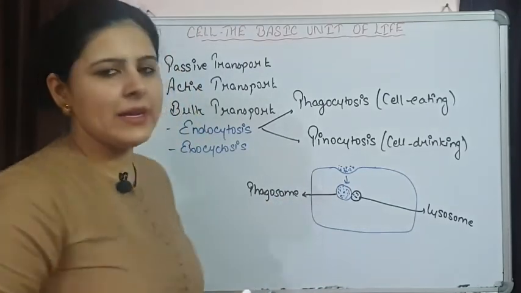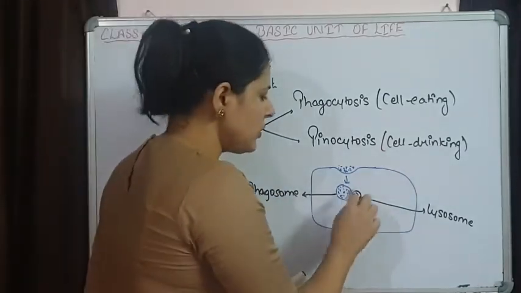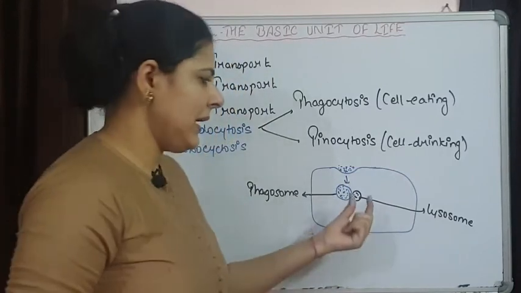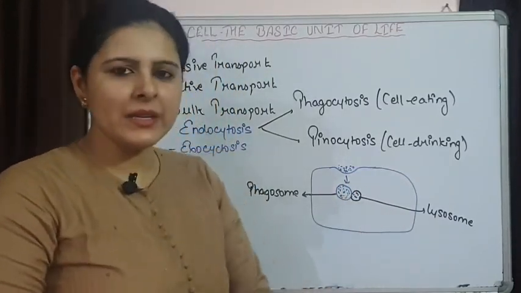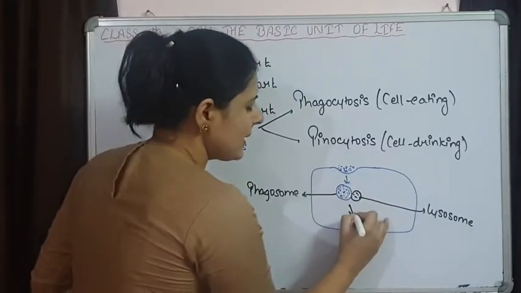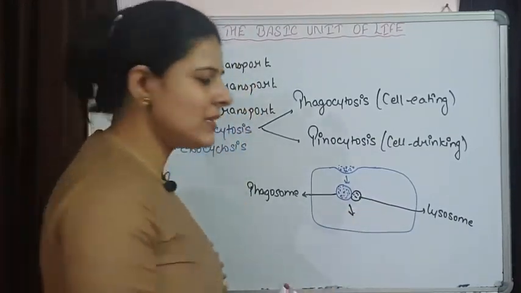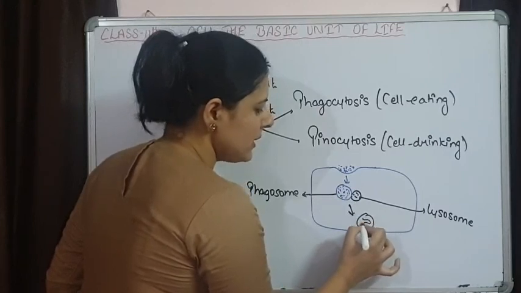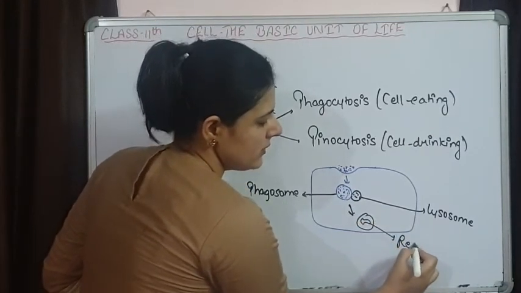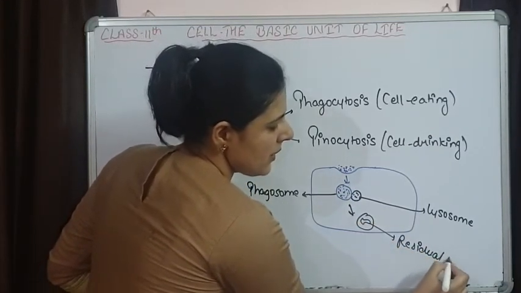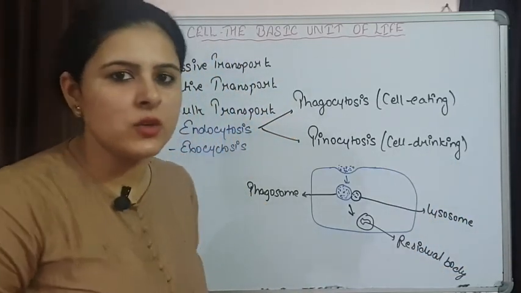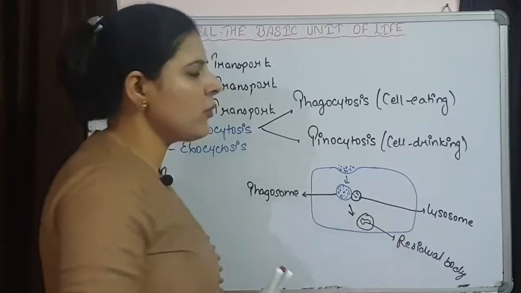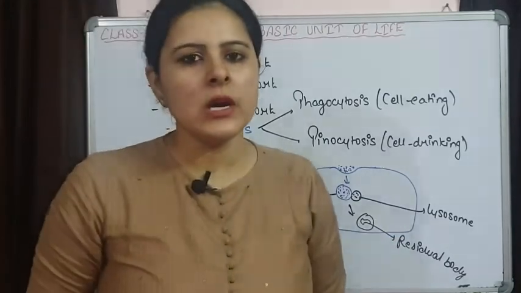When these solid particles come in contact with these enzymes, the enzymes are going to degrade them, and the particles will be reused by the cell, and the leftover particle is the residual body, that is a waste. And by the process of exocytosis, this residual body will be removed out of the cell.